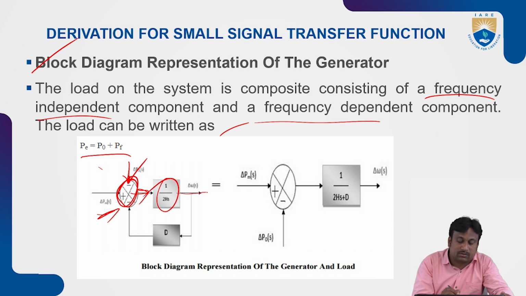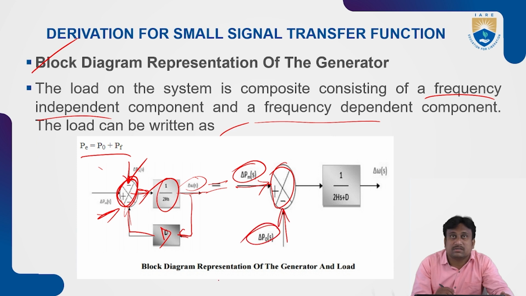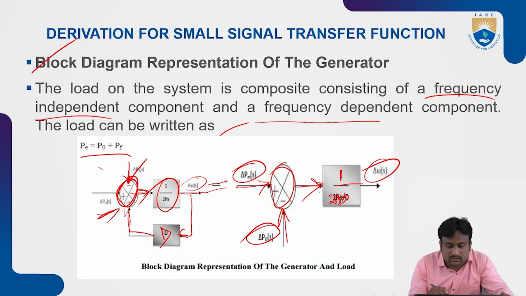This action is fed back through delta W of s to the D section, and this D section is reversed back. All these components are connected to delta Pm of s. This controls this block, called delta P naught of s, which is connected to the 1 by 2Hs plus D block. So this represents the output section.